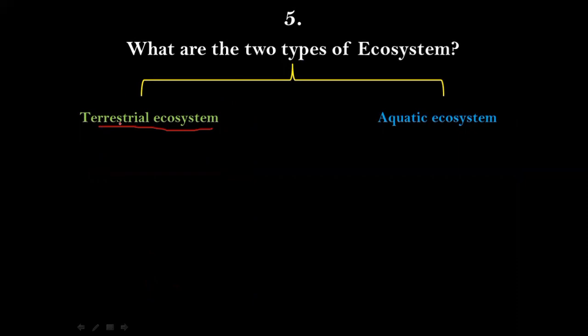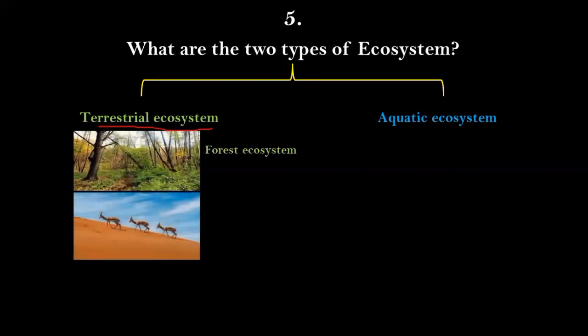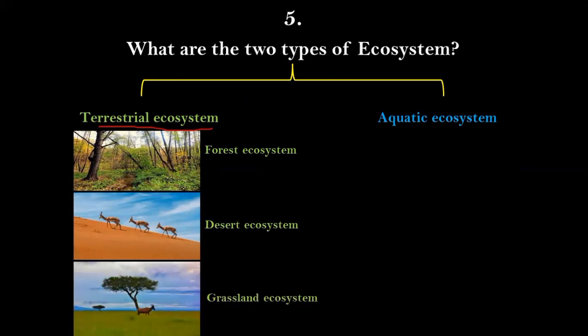Therefore, under the terrestrial ecosystem, we can have a forest ecosystem, a desert ecosystem, or a grassland ecosystem, because either it be a forest, desert or grassland ecosystem, all of them have to do with living organisms that live and grow on a land surface, because terrestrial literally means any living organism that lives and grows on land.